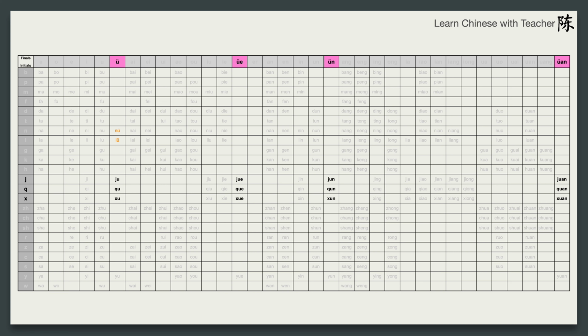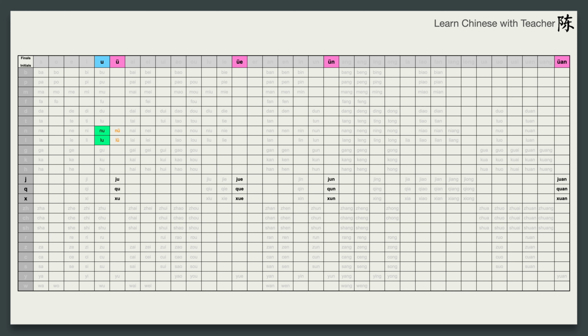In the first tone, these two pinyins are pronounced nu and lu. And why is it like this?